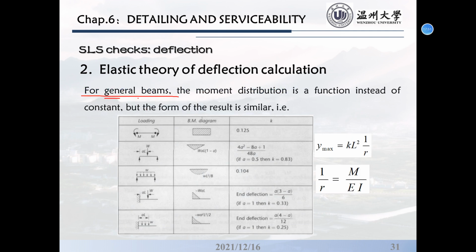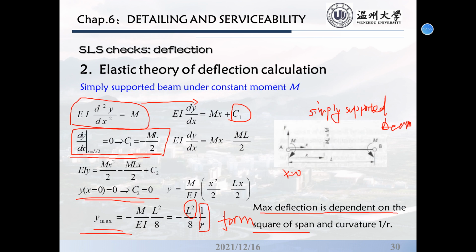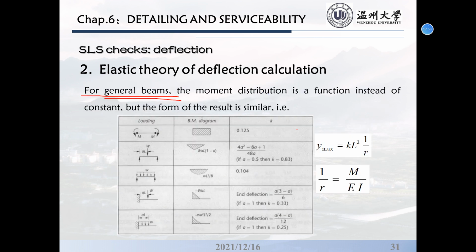For general beams, they have different boundary conditions. Yeah, the form may be the same, but the coefficient is different. So people summarize the beams or structural members under different loads. They get the coefficient K, and it helps us to get the maximum deflection of the structure, right?